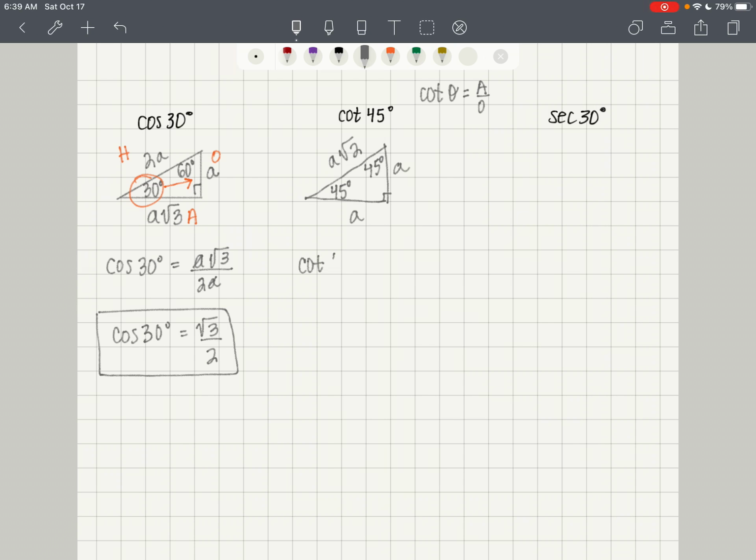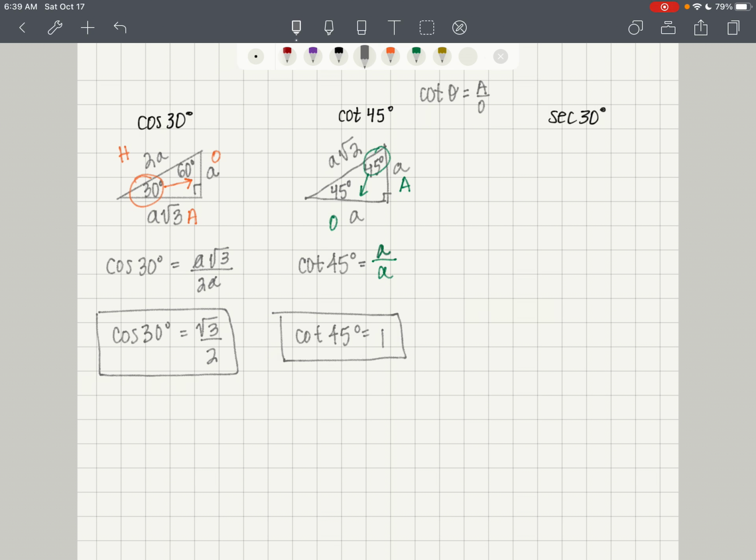So the cotangent of 45 degrees, the adjacent is A. I'm going to pick this 45, adjacent, opposite. So the adjacent is A, the opposite is A, and the cotangent of 45 degrees is equal to 1. Anything over itself is 1.